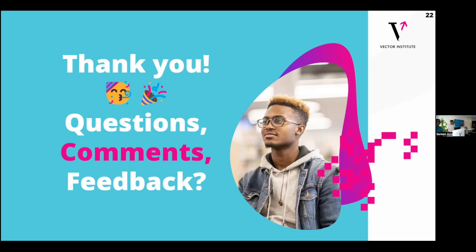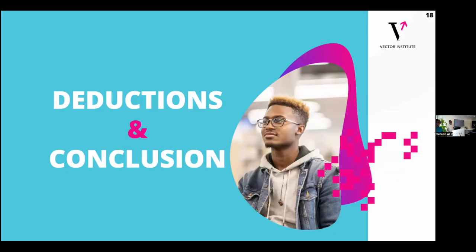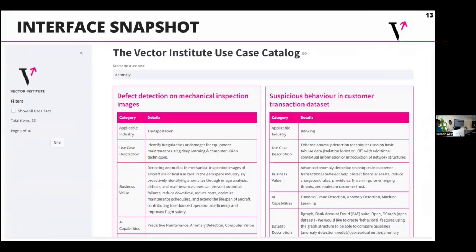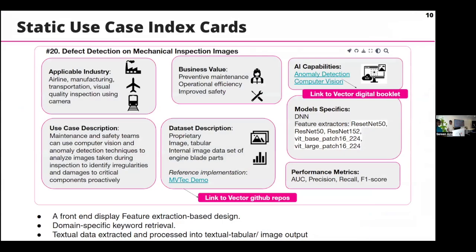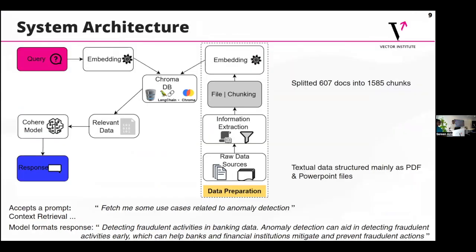Can you describe your chunking strategy? Yes, I can. We have 607 documents that are split into 1,585 chunks at the end of the day. I used a chunk size of 1,000 and an overlap of 500. We actually had to play with that a bit.